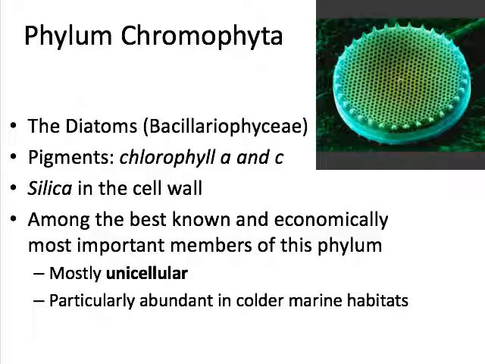Silica is what is used to make glass. And so these organisms actually have an important economic use. They can be harvested and used for different types of activities that we'll talk about at the end of this lecture. Now, most of the diatoms are unicellular, and they are particularly abundant in cold marine habitats.